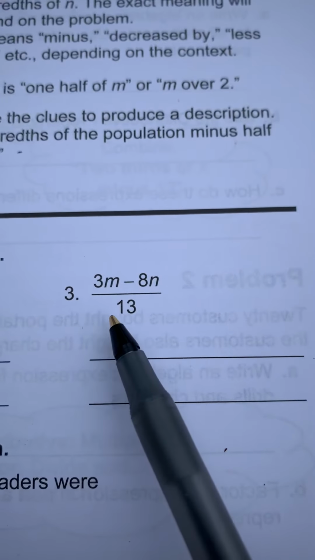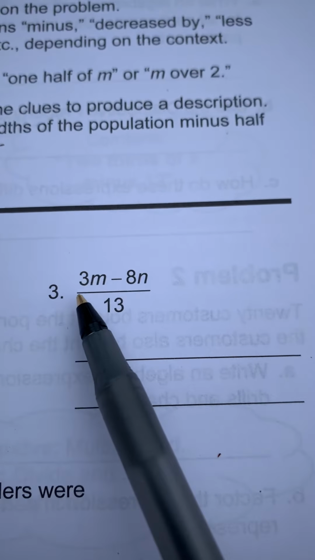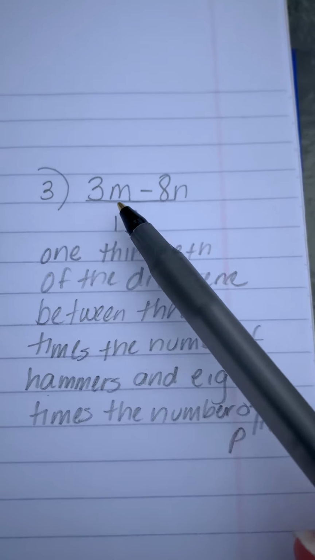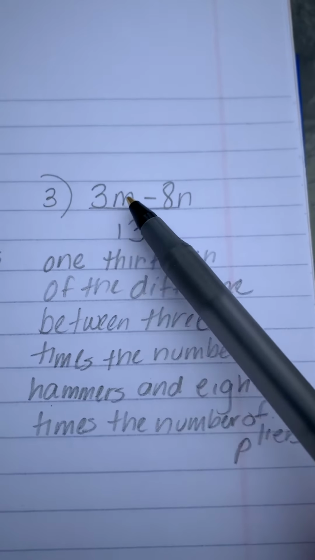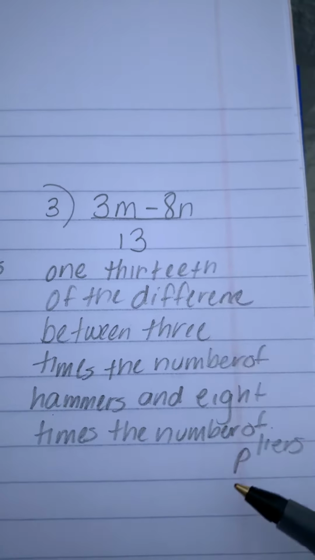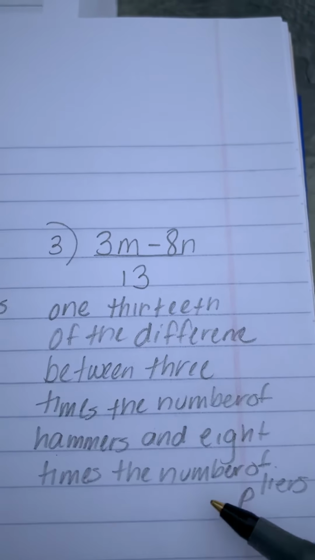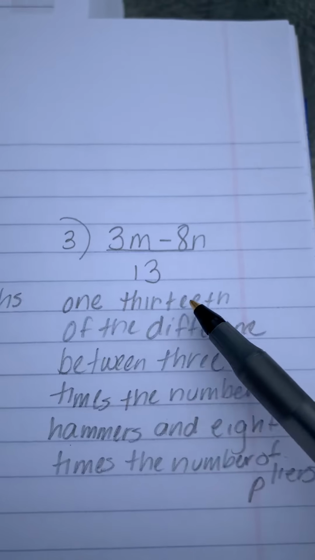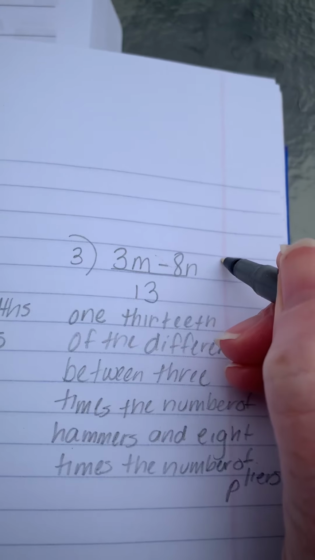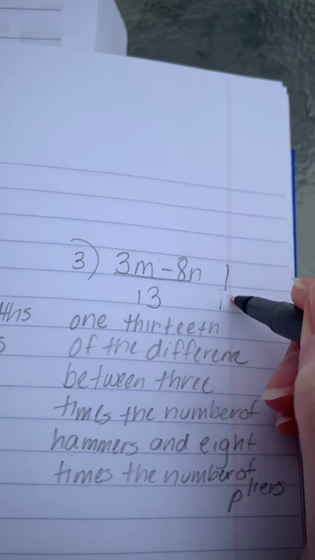Remember, guys, this could also be written as 1/13. Okay. So look what I said: 1/13 of the difference between 3 times n and 8 times the number of pliers. Okay, so if we're going to use hammers and pliers, sorry. So 1/13, remember, this really represents 1/13.